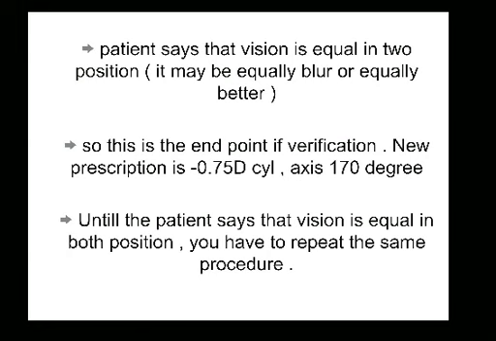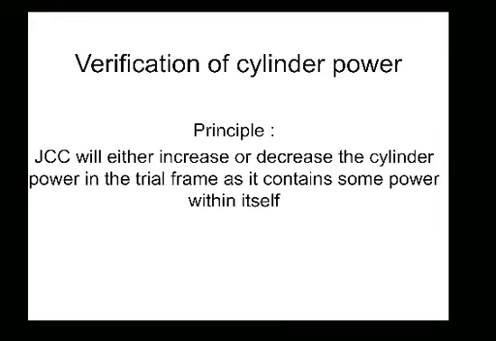So you have to repeat the same procedure again and again until the patient says that the vision is equal in both positions. So this is all about the procedure of verification of cylinder axis. It's very simple. And now we move forward to the verification of the cylinder power.